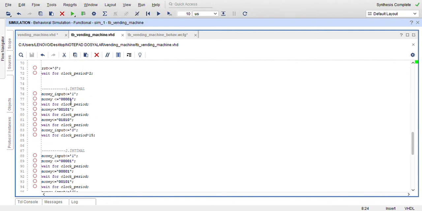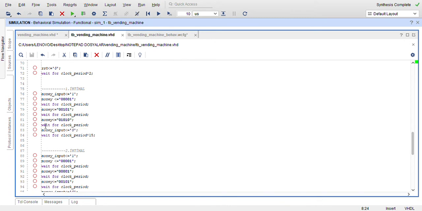First possibility, money input is equal to 1. Money is equal to 1 Turkish lira. Wait for clock period. Money is equal to 5 Turkish liras. Wait for clock period. Money is equal to 10 Turkish liras.